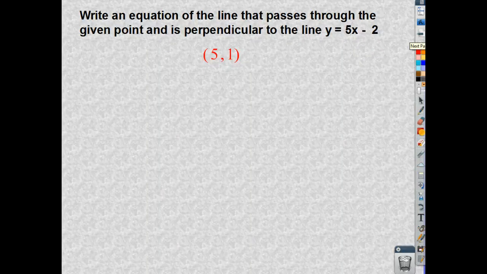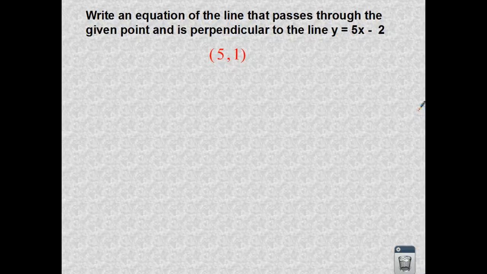The last one, we are going to create perpendicular lines. And again, as we know, the slope is the main figure in determining our perpendicular lines. So if I see here that the given slope is 5, I know that my new slope will have to be the opposite of the slope, which was positive, so it's going to have to be negative.